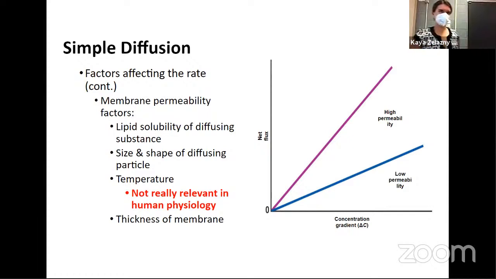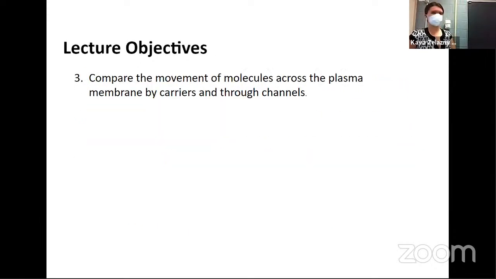We think about diffusion both for an individual cell and through these membrane layers. So we'll pick up with our carrier and channel proteins on Wednesday.